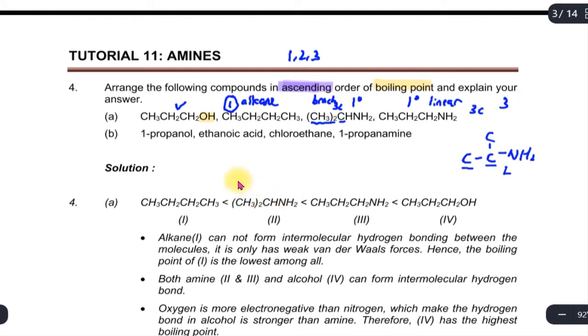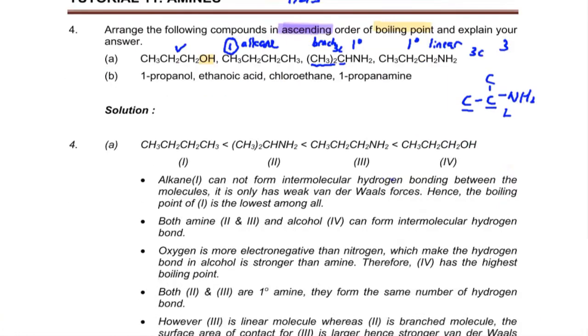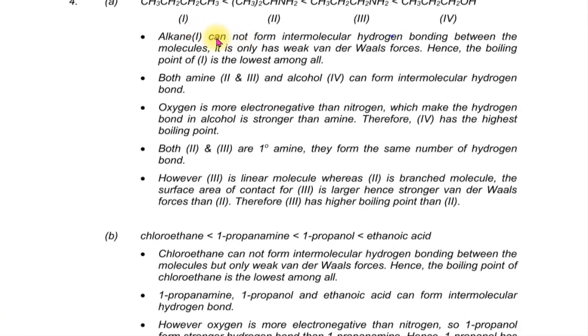The highest one is sure the alcohol. So now how are you going to explain? Check one by one. Alkene cannot form intermolecular hydrogen bonds. It only has weak van der Waals forces.